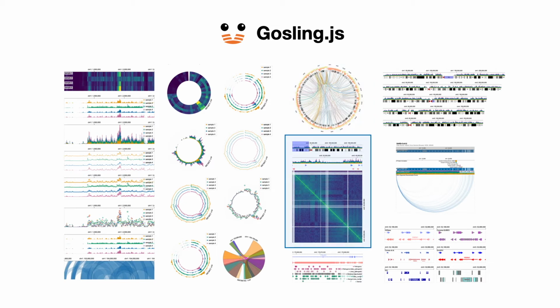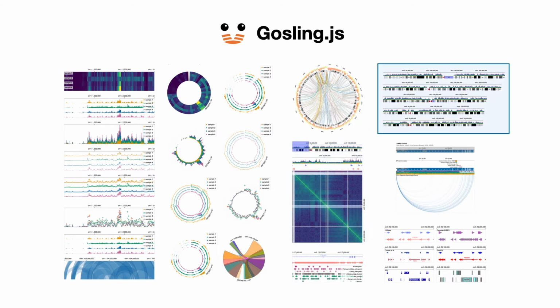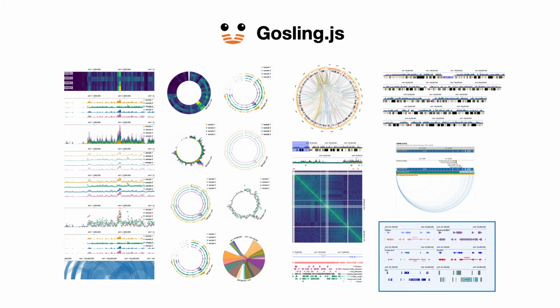Gosling also allows creating coordinated multiple views like matrix visualization with overviews. Beyond just the general visualization types, users can create more complex glyph-based visualizations like ideograms and custom gene annotation tracks.